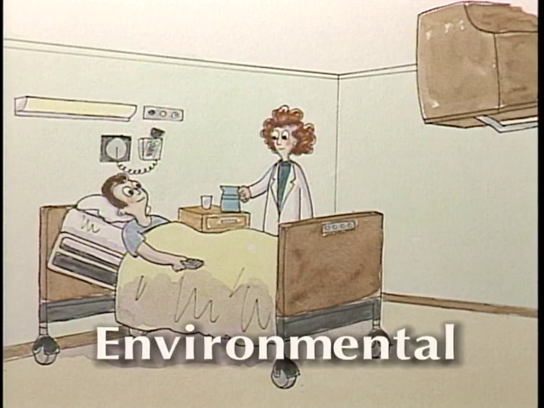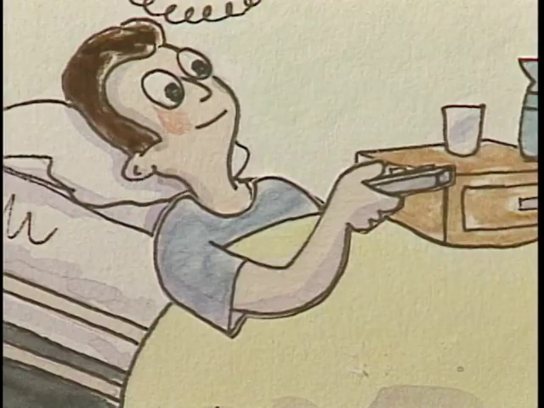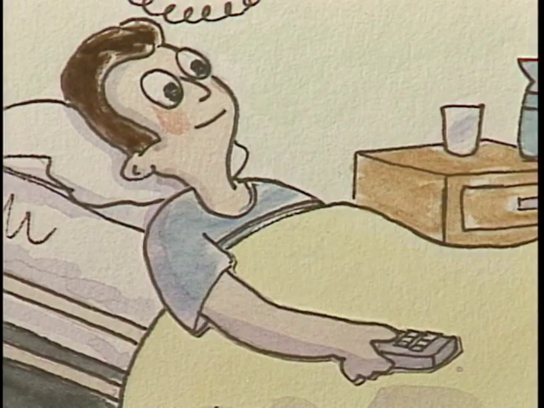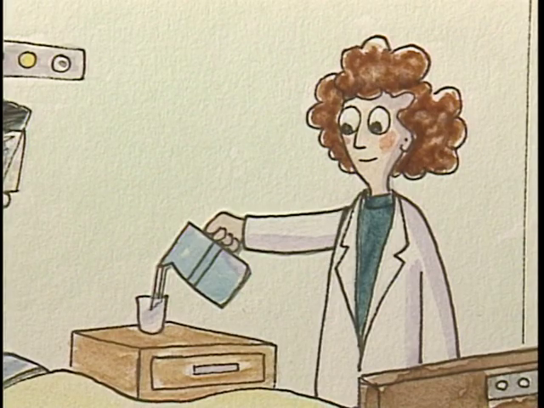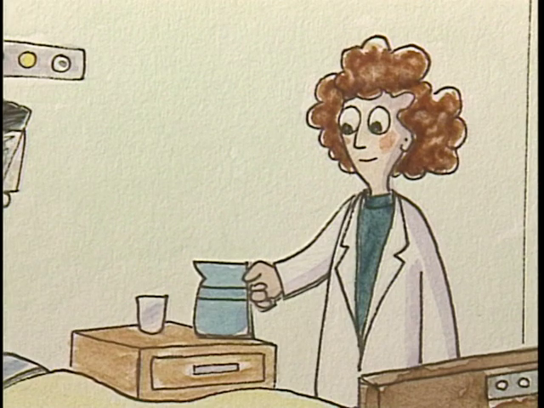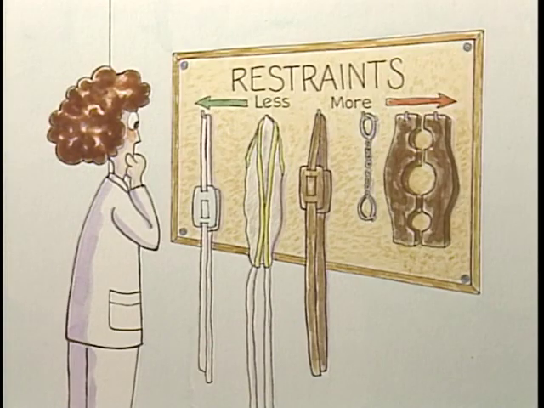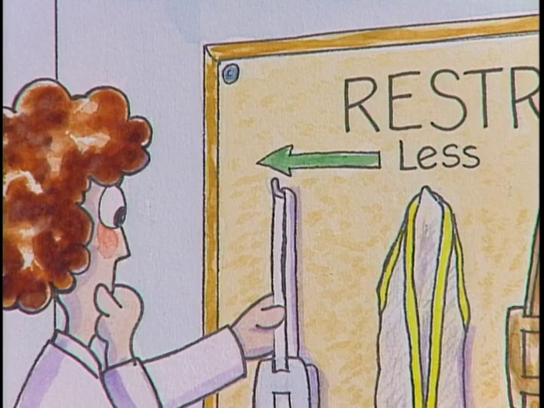Look for environmental alternatives that reduce the patient's need to move about. This may include making the TV remote more accessible or simply placing a water glass and urinal within easy reach. Finally, when alternatives won't work, choose the least restrictive restraint possible and remove restraints as soon as practical.